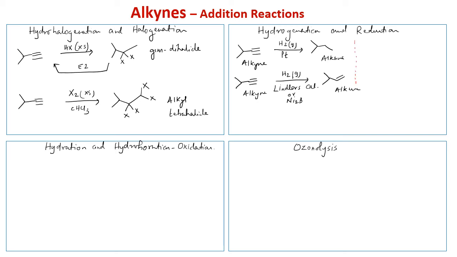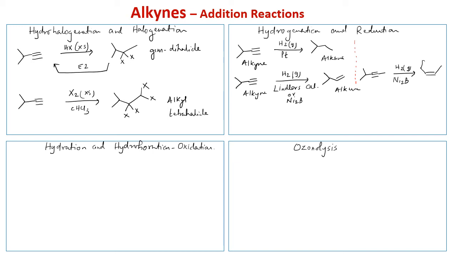If I had an internal alkyne, like this, and I did the hydrogenation reaction using Lindlar's catalyst or nickel boride, then the alkene that I get as my product is going to be a cis alkene.